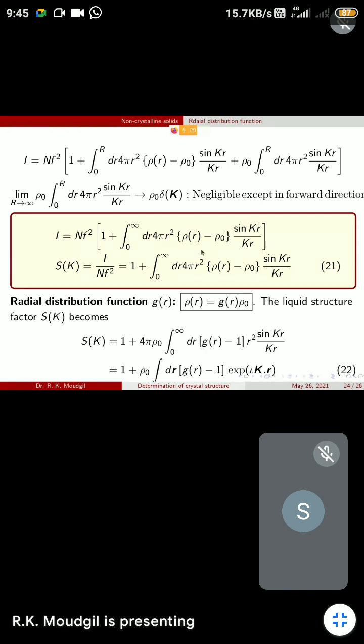direction. Okay, now we introduce a quantity called the structure factor of the amorphous solid. Remember, you should notice that this structure factor is not the same as we came across earlier while discussing the structure of a crystalline solid, but this structure factor is defined as scattered X-ray intensity divided by NF square.